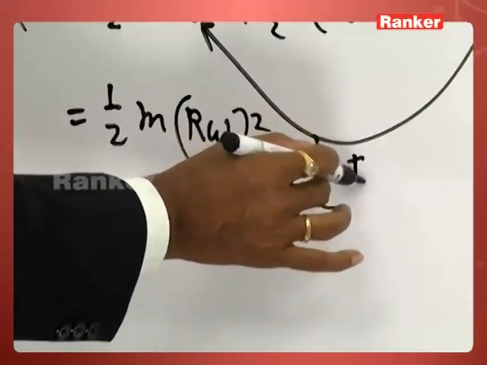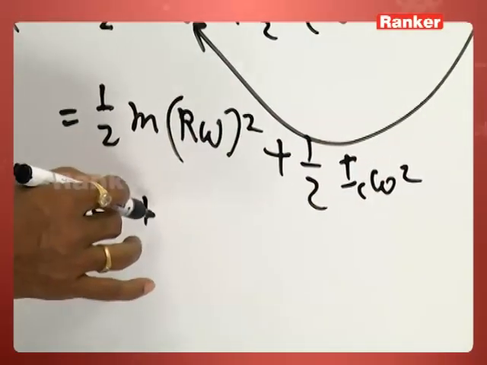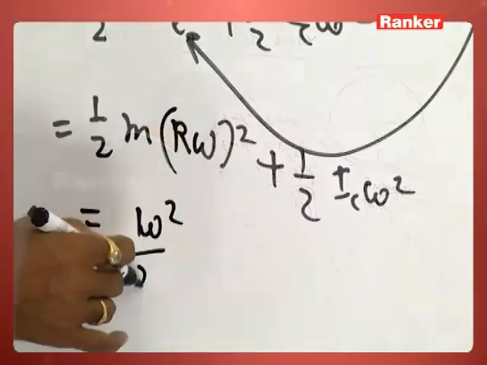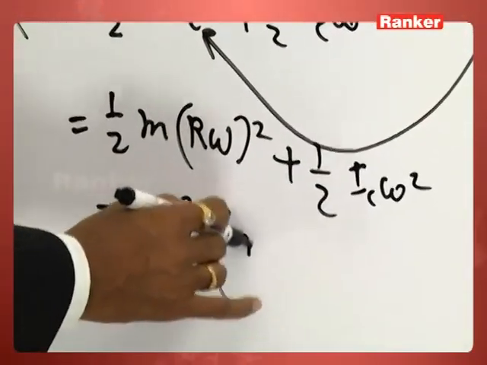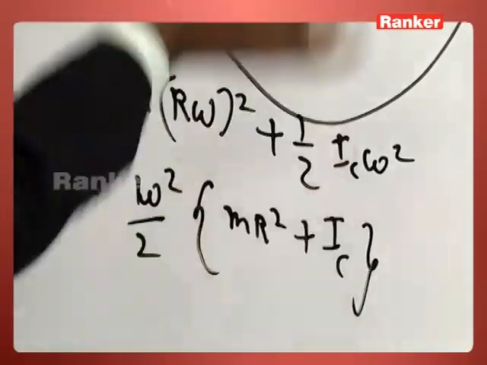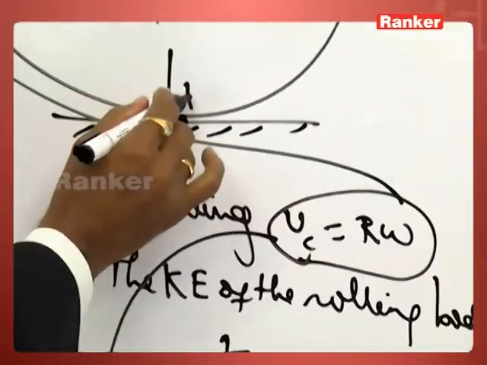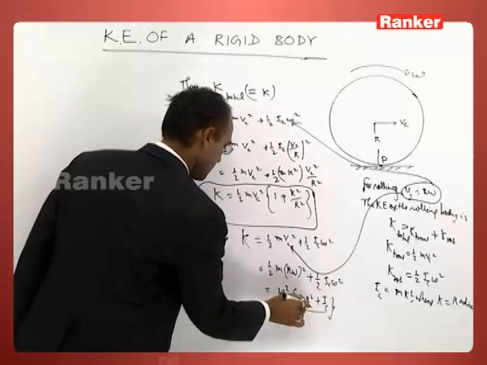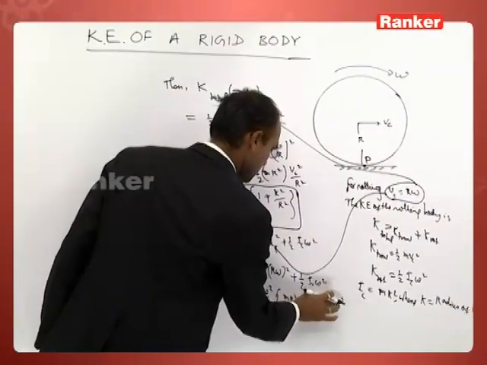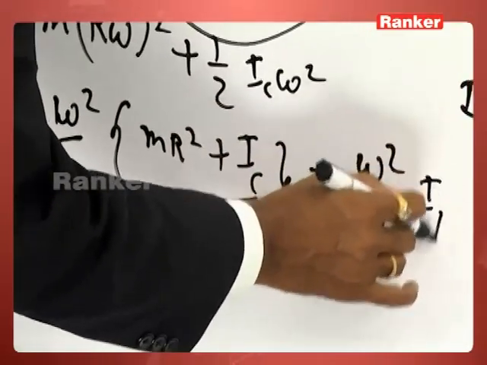Plus Ic into omega square by 2. You can take omega square by 2 common, and inside the bracket we have m r square plus Ic. m r square plus Ic can be written as Ip. Omega square by 2 into Ip.